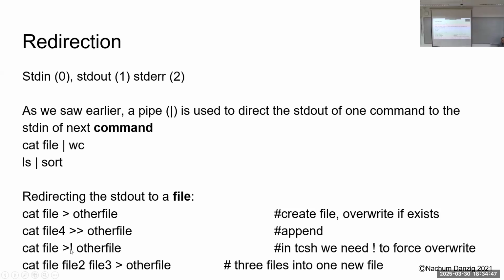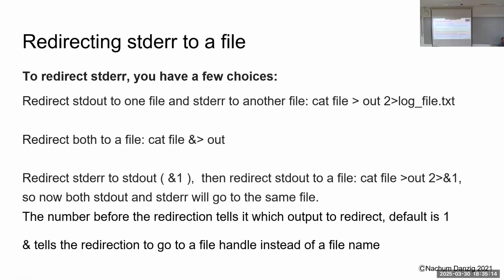This is a sort of outdated, but you can do arrow bang in tcsh, in different shells we're not using. In that shell, it forces an overwrite. And then look what I can also do, cat file into other file.